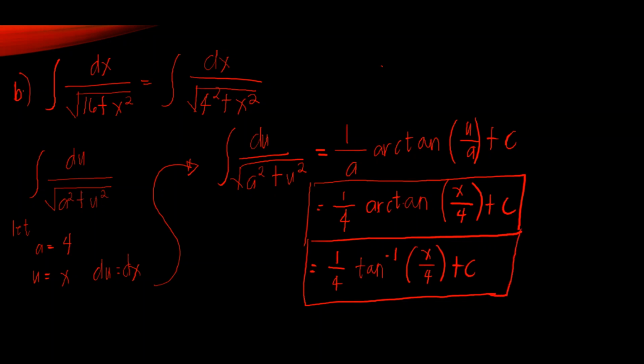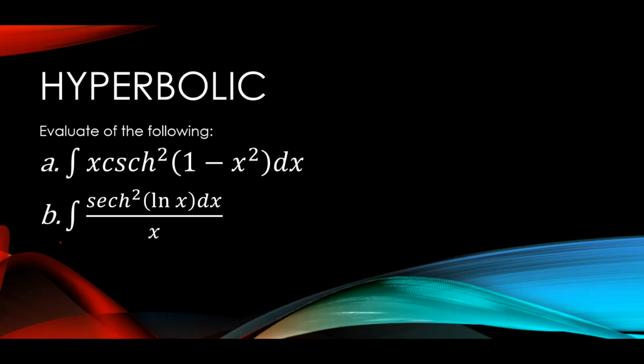So that ends our discussion in the integration of inverse trigonometric functions. Okay, so now let's try to solve naman hyperbolic functions. So example letter A, the integral of x cosecant hyperbolic squared 1 minus x squared dx.